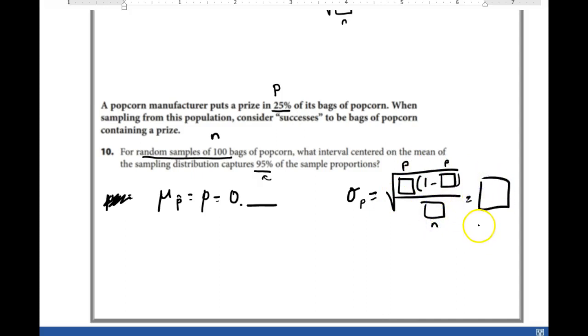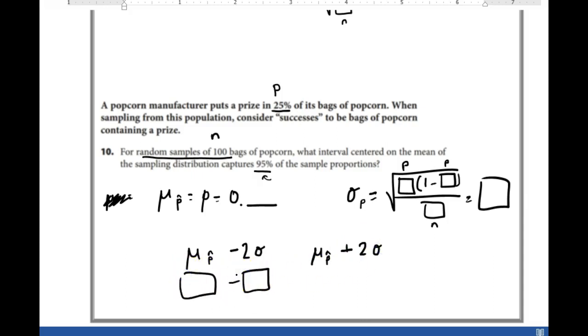Okay, and then remember to, if it is normal, essentially we did that problem, we can use that equation, taking our mean take away 2 times our standard deviation, and our mean adding 2 times our standard deviation. So just remember we did that, and we can do that, and you should do that.